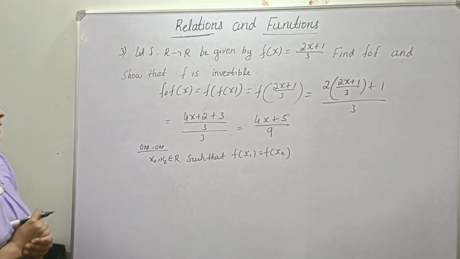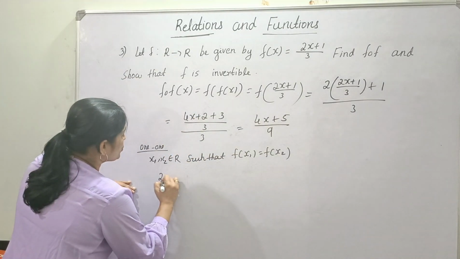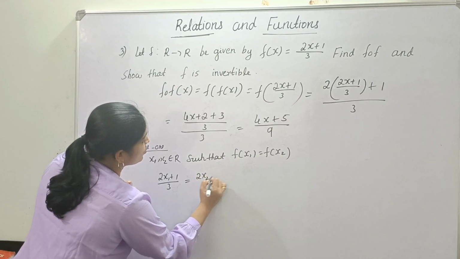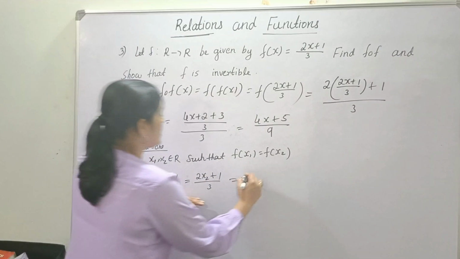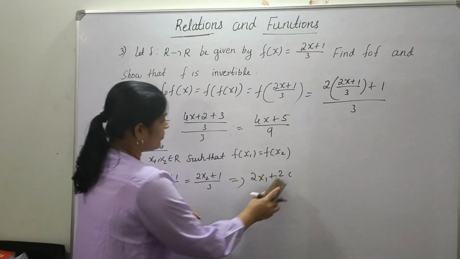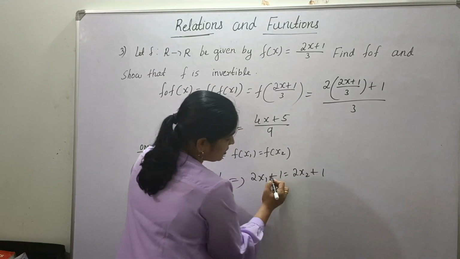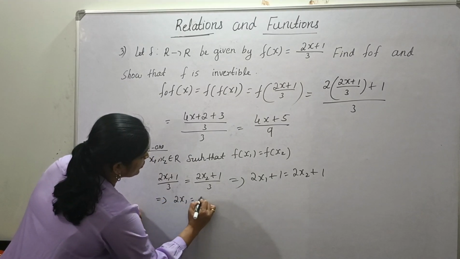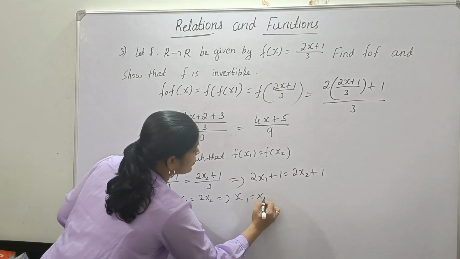So what is f(x1)? (2x1 + 1)/3 is equal to (2x2 + 1)/3, that implies 3 cancelled. So 2x1 + 1 is equal to 2x2 + 1. So 1 also cancelled. This implies 2x1 is equal to 2x2. This implies 2 cancelled. So x1 is equal to x2.